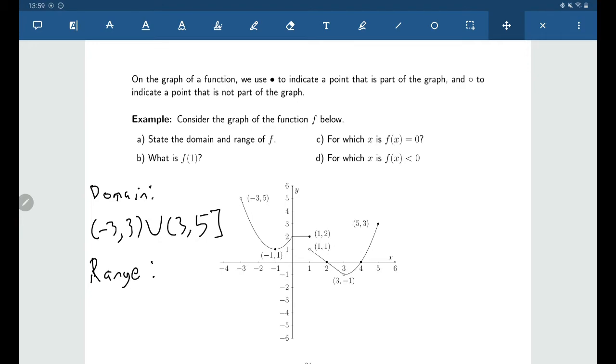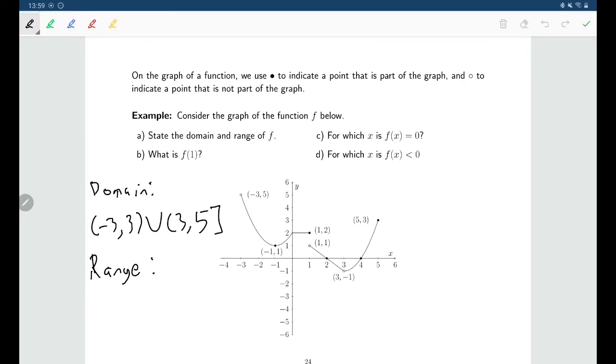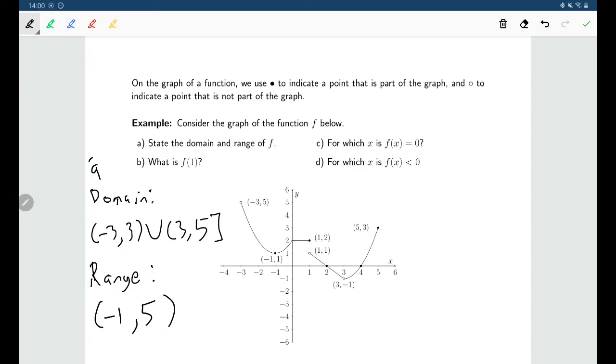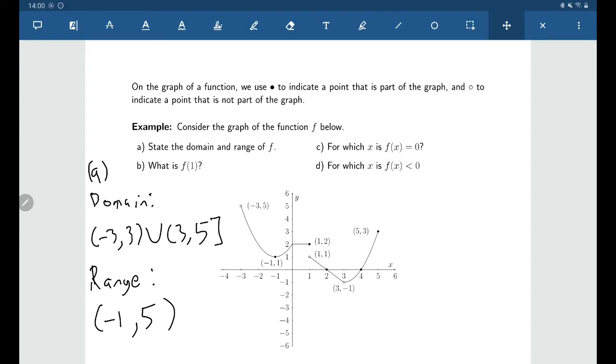So for our range, I'd say my range is everything from -1, not including it, all the way up to +5, not including it. But all the other values in between, yes, we have every other y value between -1 and 5 appearing in one or more of the points in our graph. So that would be my answer for part A, my domain and my range.